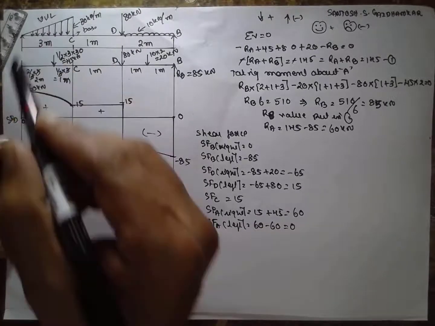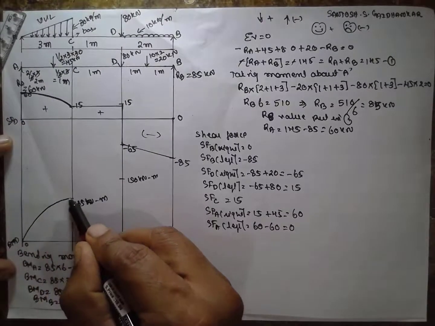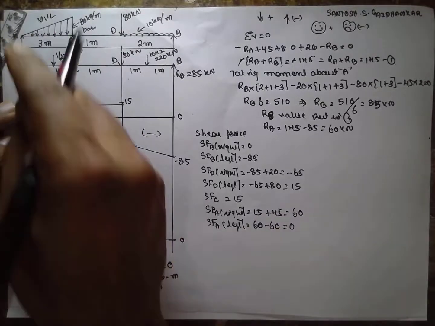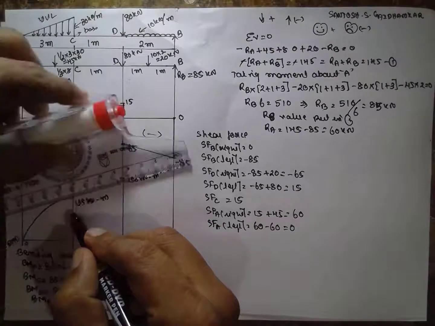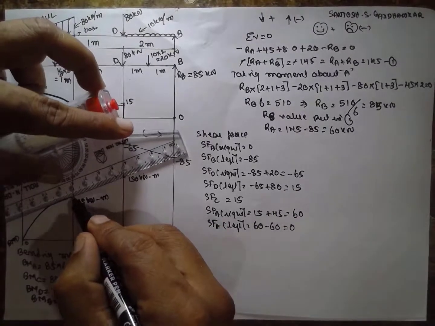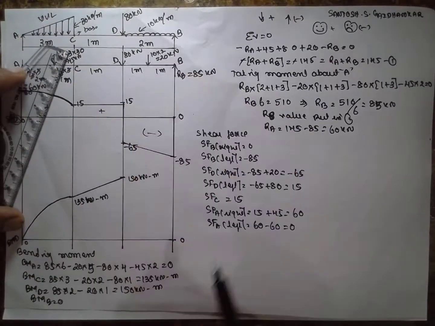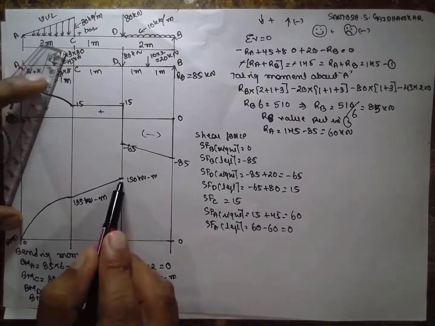As it is UVL, a cubic has to be drawn, cubic in this way because of UVL. That's the rule for UVL. There is an inclined line here because there is no load. Because of UDL there is a parabola to be drawn.